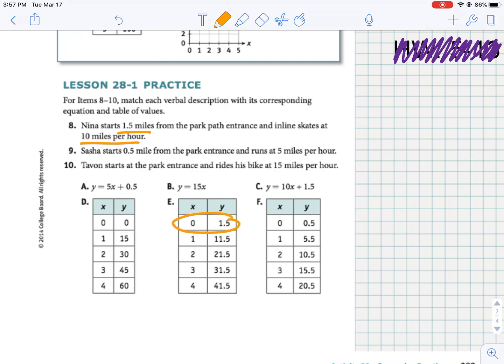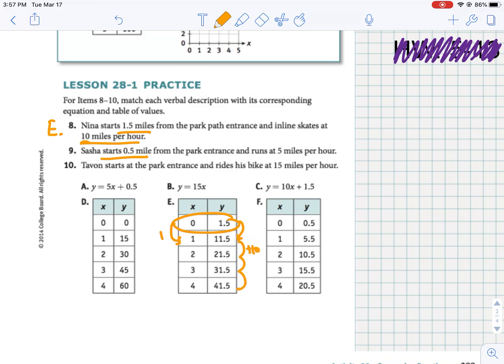This one's 0, 1.5, so that one looks about right. It also says that she skates 10 miles per hour, so after 1 hour, she's gone another 10 miles, another 10, another 10. So our slope is up 10 and then up 1 for all of those on the x side. So we're pretty sure that letter E goes with number 8.